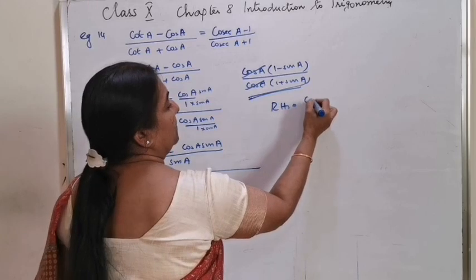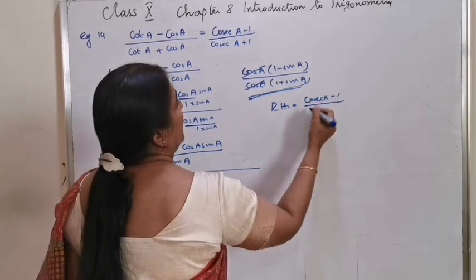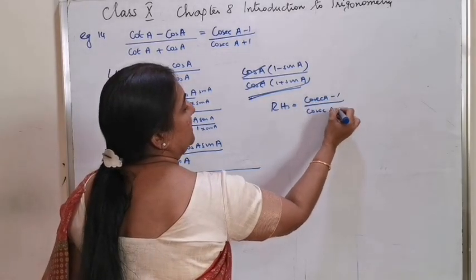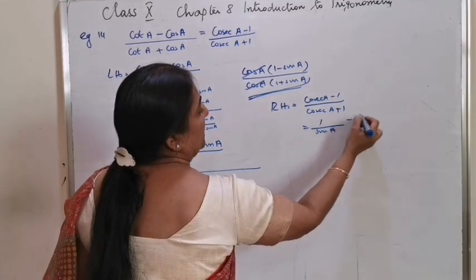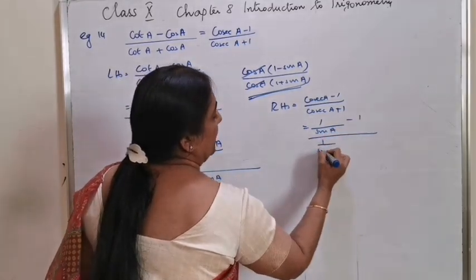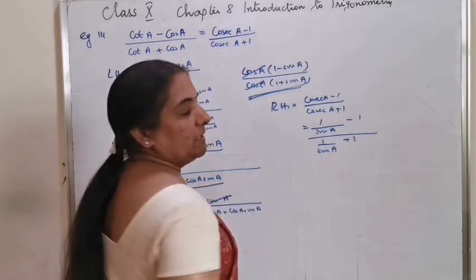RHS is equal to cosec A minus 1 by cosec A plus 1, that is 1 by sin A minus 1 by 1 by sin A plus 1.